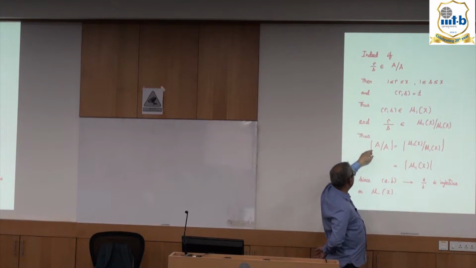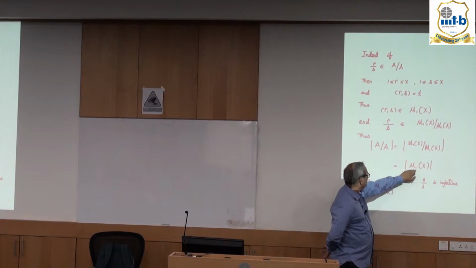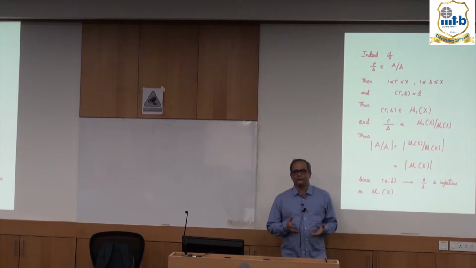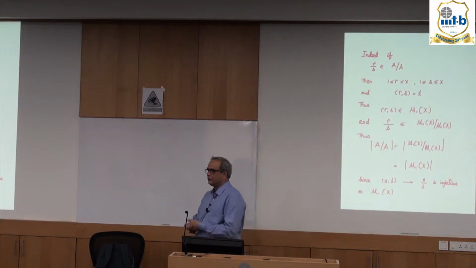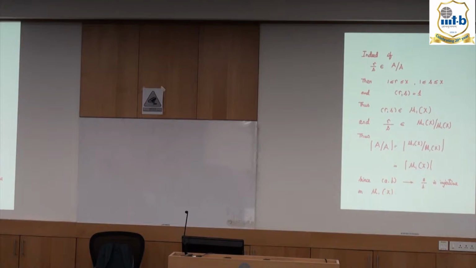The small argument here shows that this is in fact equal, and that is equal to M1X because the map that sends A, B to A by B is injective on M1. Okay? So the cardinality of the ratio set of A is exactly the cardinality of M1X.